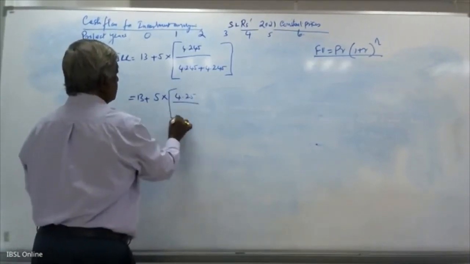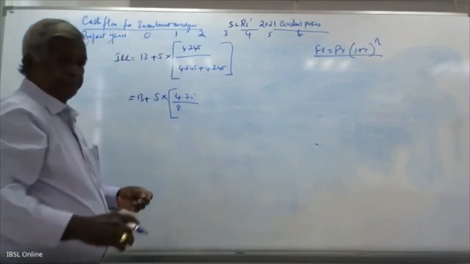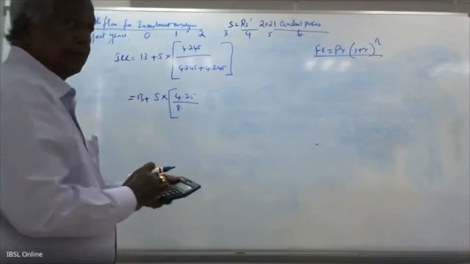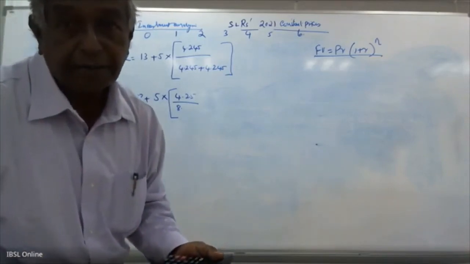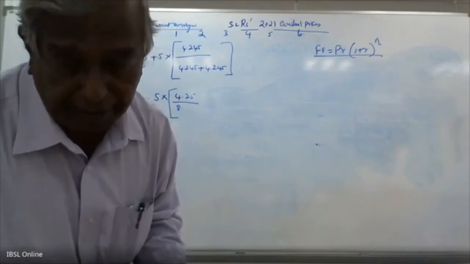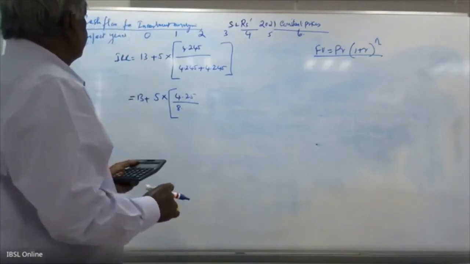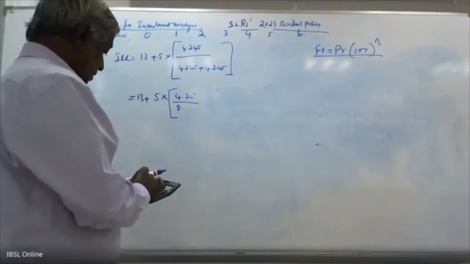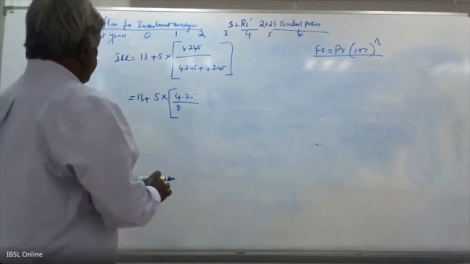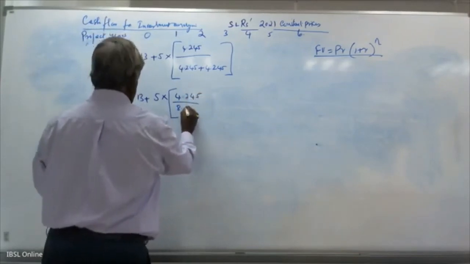8.49. Any doubt? No. Okay. 4.245 plus 4.245 is 8.49.